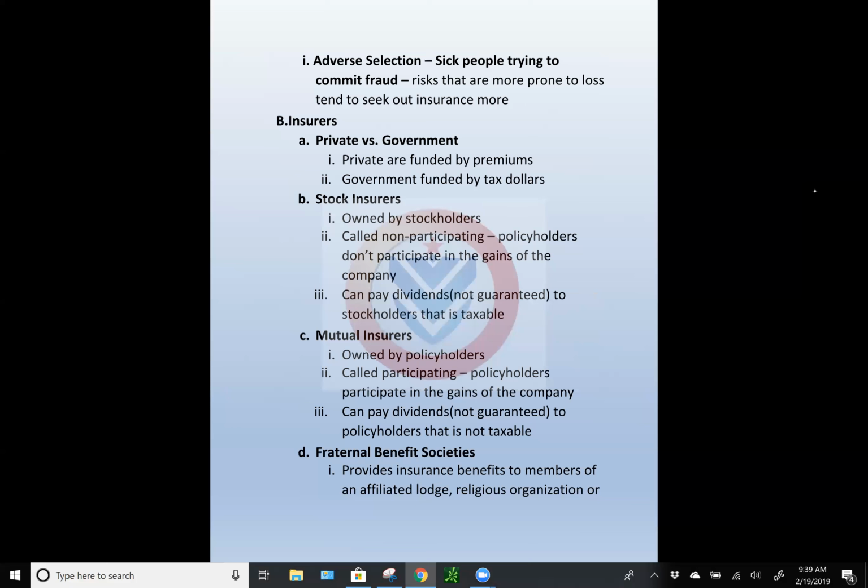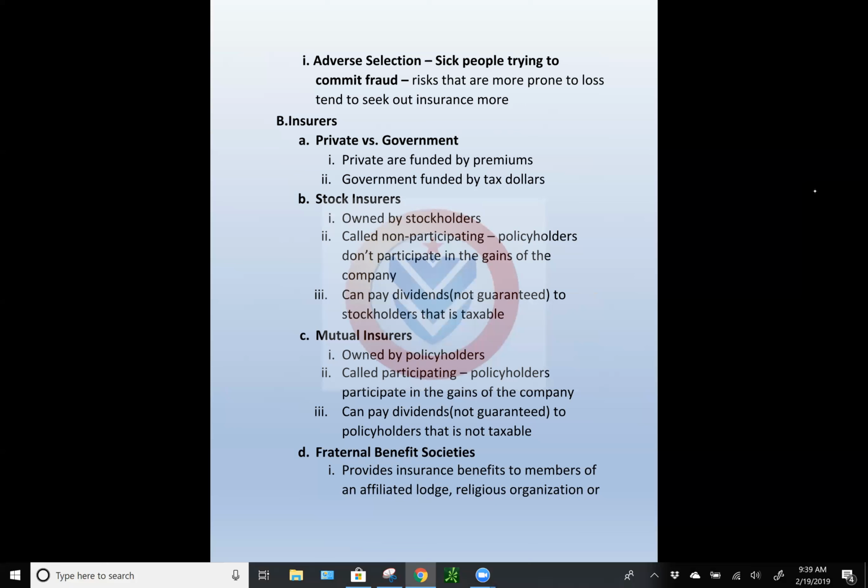These next two, I need you to be able to separate for your test: stock insurance companies and mutual insurance companies. And here's what you need to memorize about each one. First, stock insurance companies are owned by their stockholders. Stock insurers are called non-participating, and the reason is the policyholders do not participate in the gains of the company.